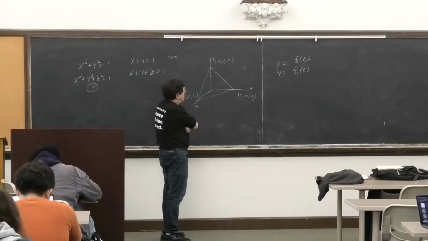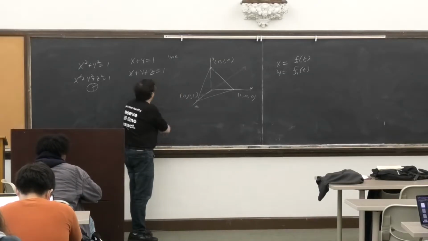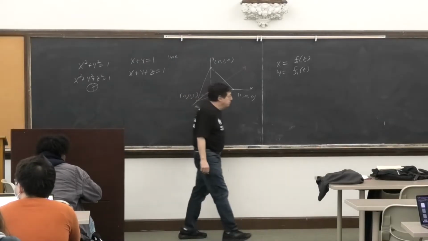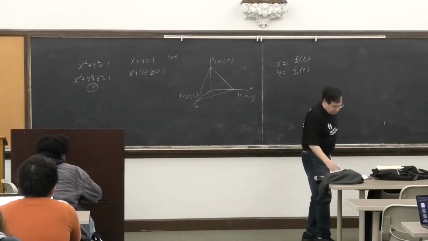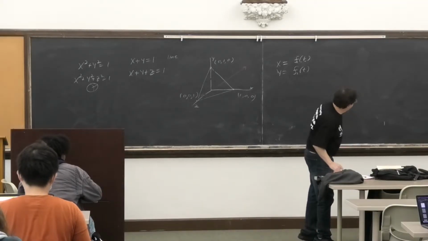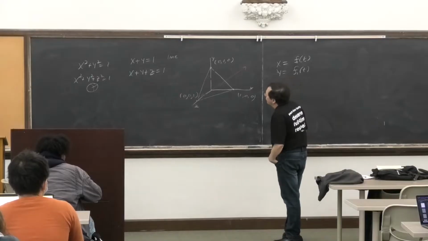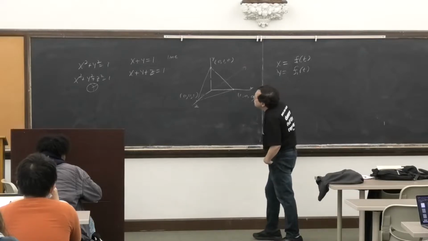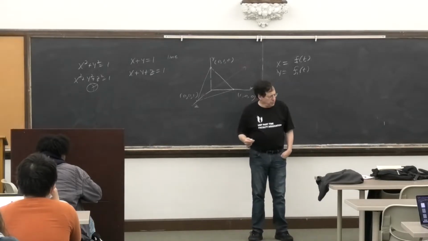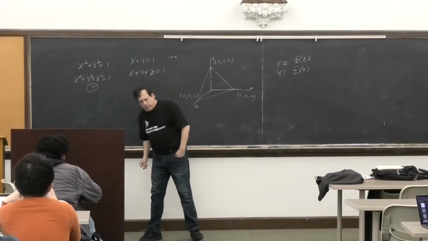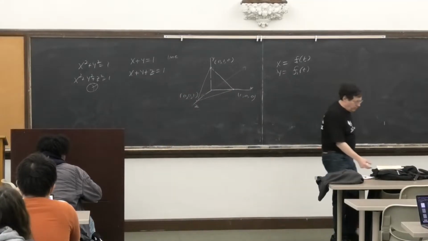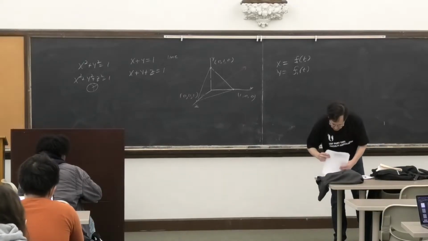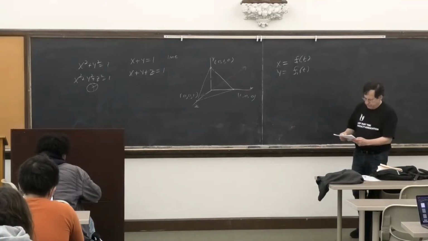So what would that look like for this? That's a good question. I didn't go through this. I didn't write this down, but I did do this for another line.